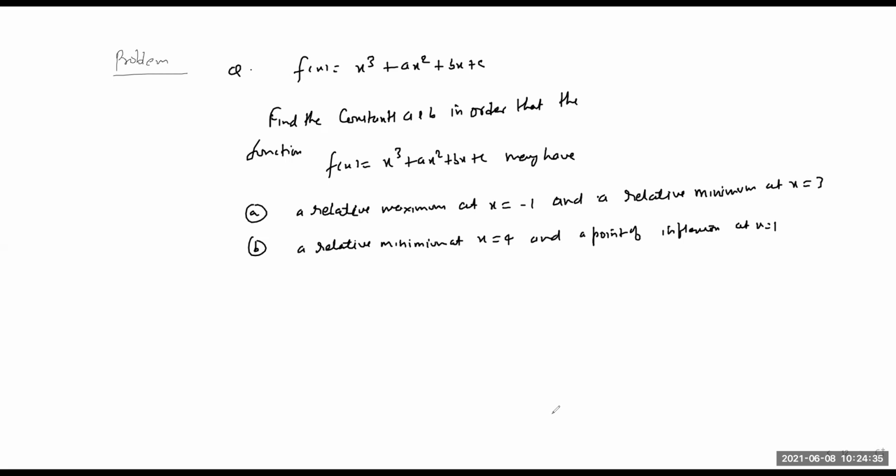It is saying assume the maximum at -1 and the minimum at 3. So it means if you differentiate and equate to 0, and if you solve for the roots, you must get -1 and 3 as the answer.